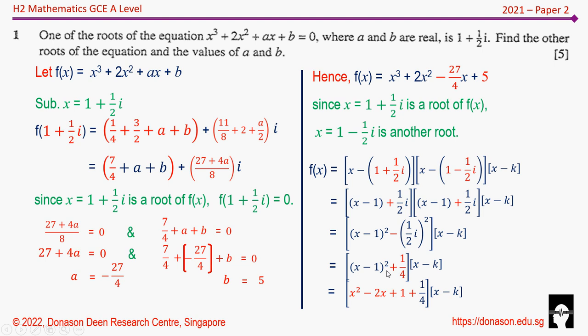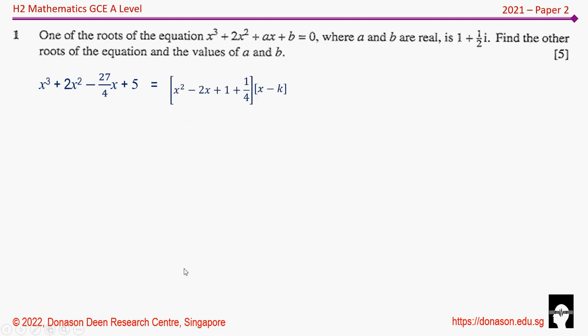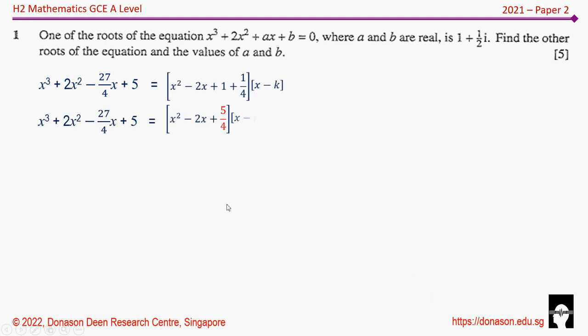So this part, if I expand it, is x squared minus 2x plus 1, and this part is plus 1 quarter times x minus k. So there we have it. The 1 and the 1 quarter, we can combine into 1 and 1 quarter, or we can write it as 5 quarter. So let us expand this now. This is 1 plus the 1 quarter, I put it together as 5 quarter.